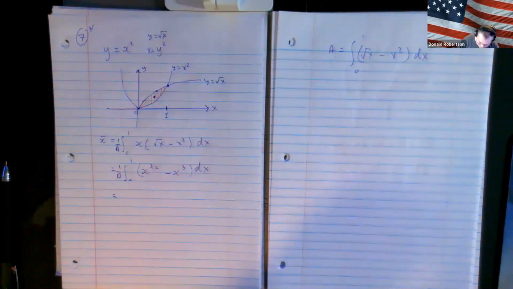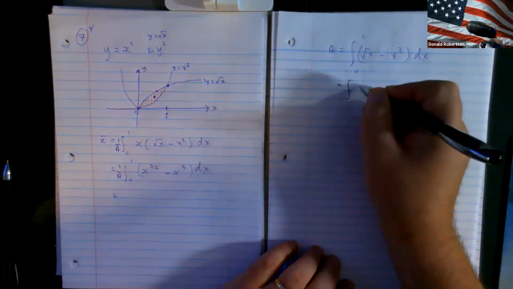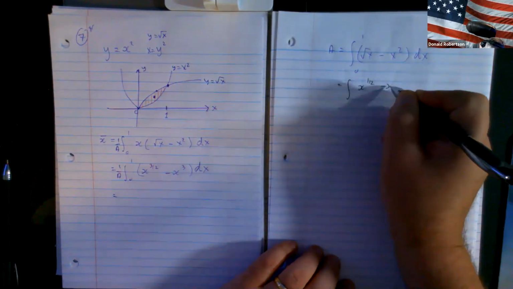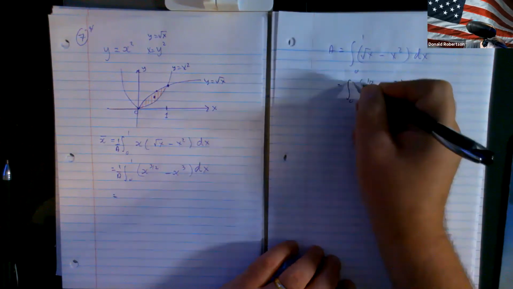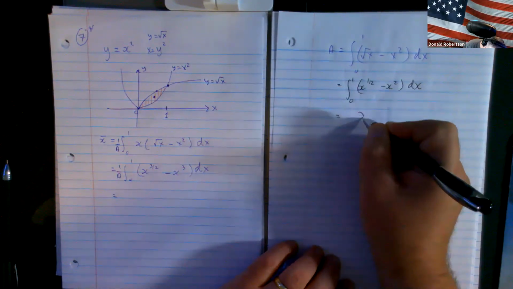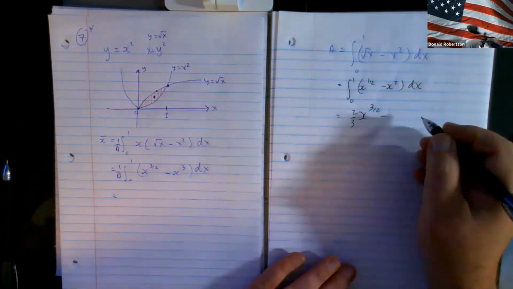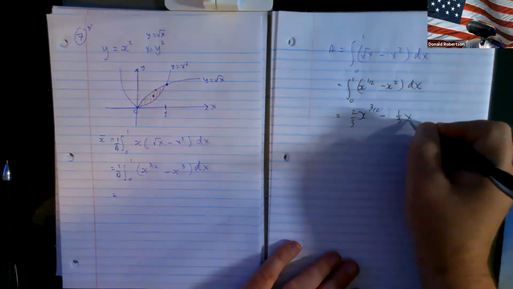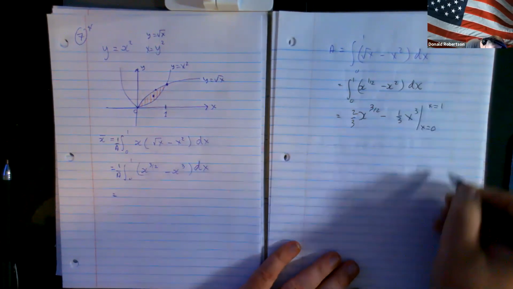That's going to become x to the half. And that's going to be 3/2, 2/3, 1/3 x cubed, between 0 and 1.